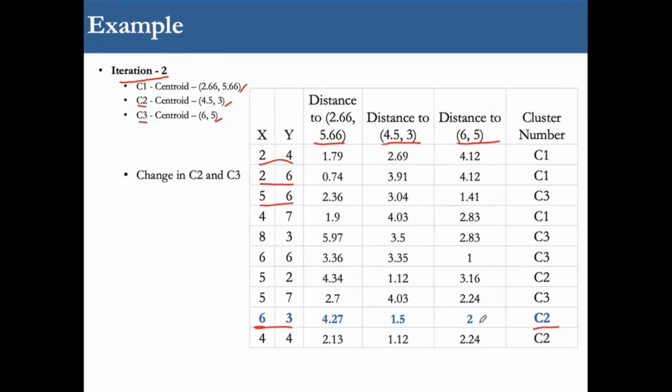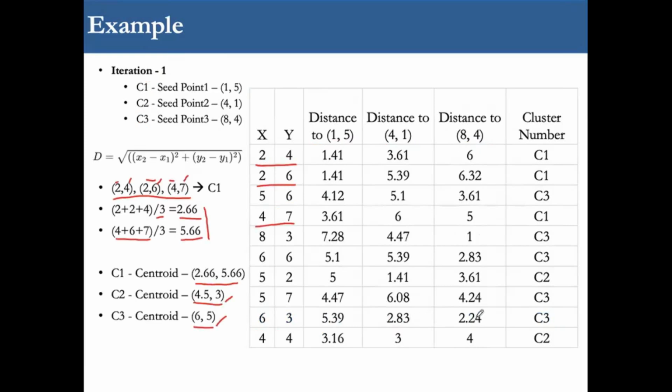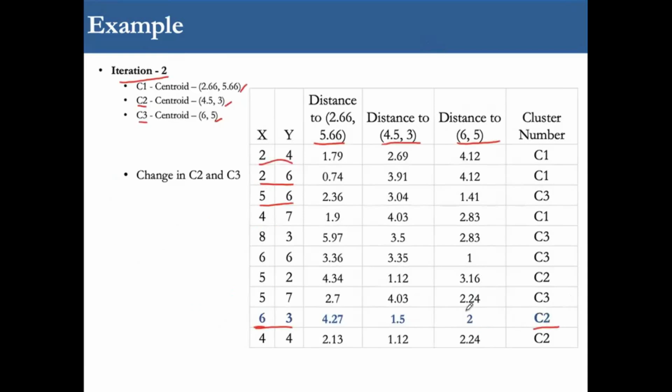Because initially it was some other value here, 2.24, which is less for cluster 3, and so it was with cluster 3. Now the minimum value is with cluster 2. That's why it's moved to cluster 2. This data point has moved from cluster 3 to cluster 2. So there is a change in the cluster data points.